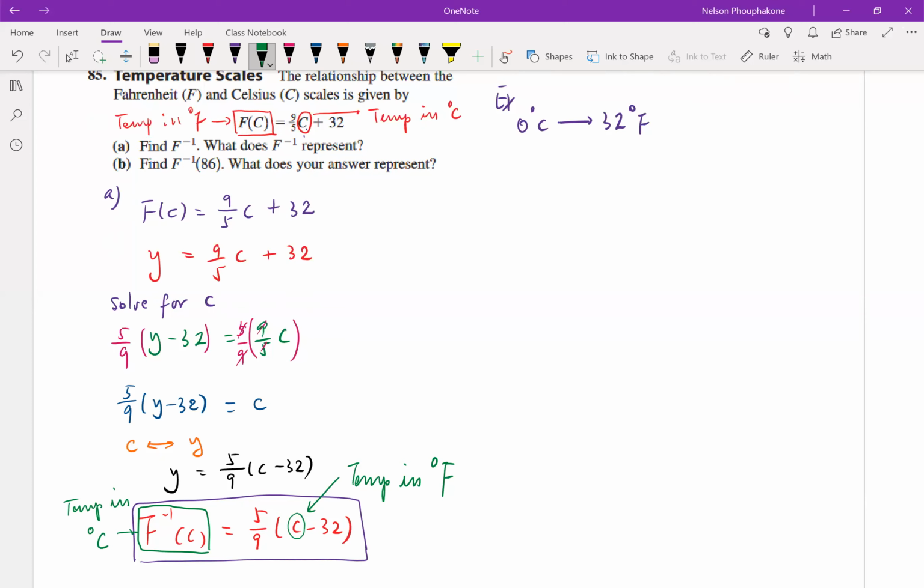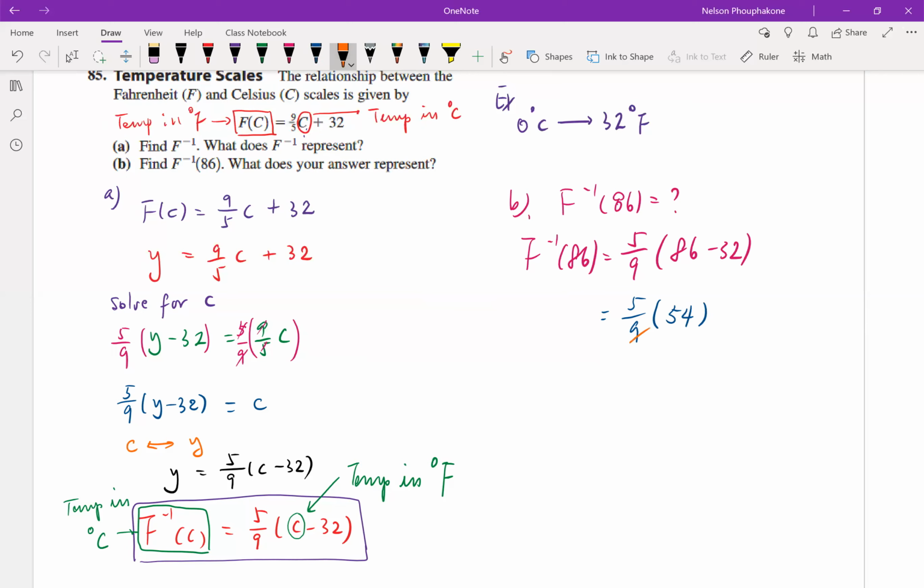Now for B, we would like to find f inverse of 86. We could just plug it in. Then 5/9 times (86 minus 32), which is 54.